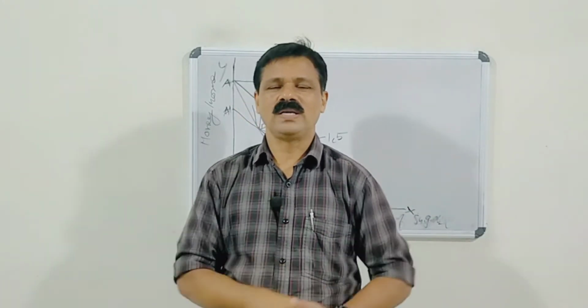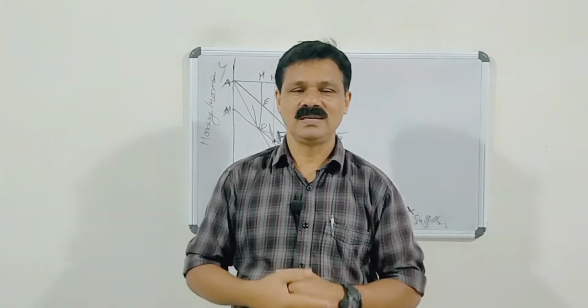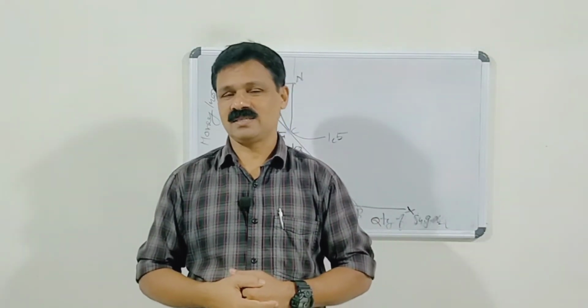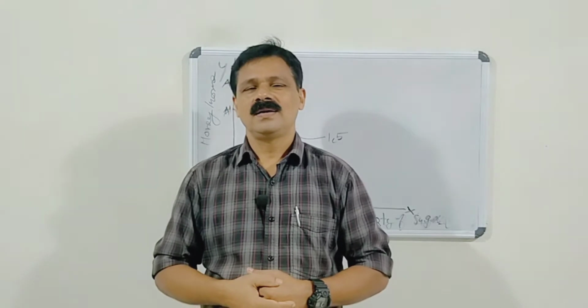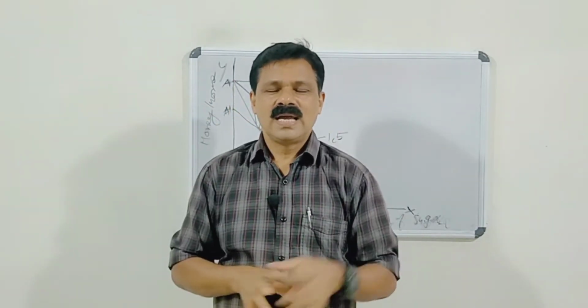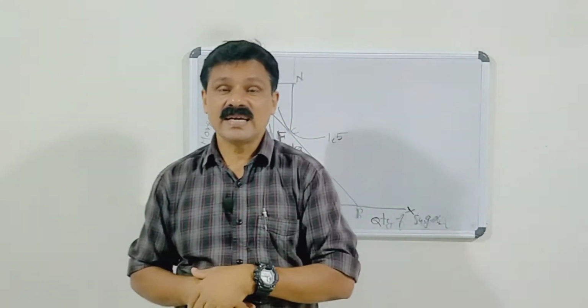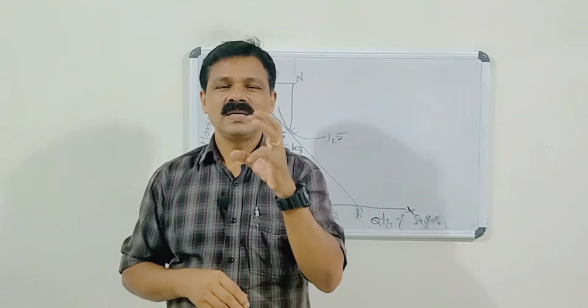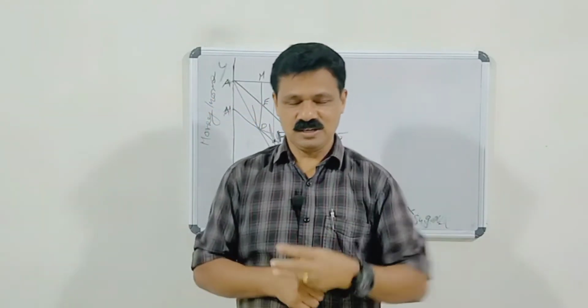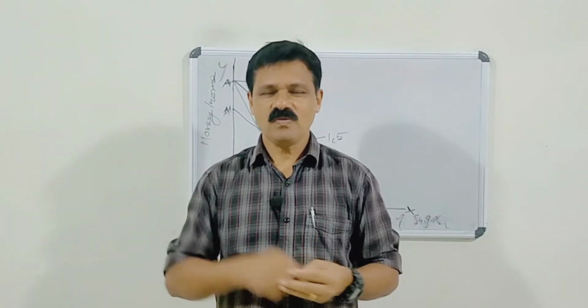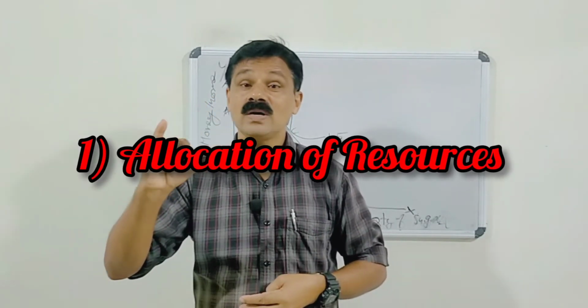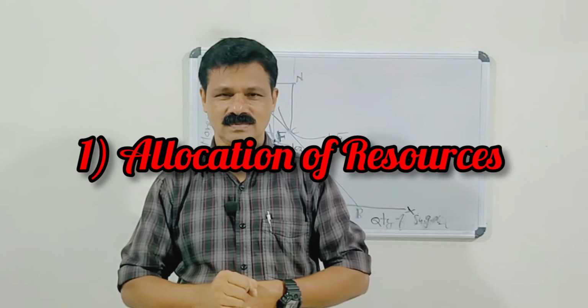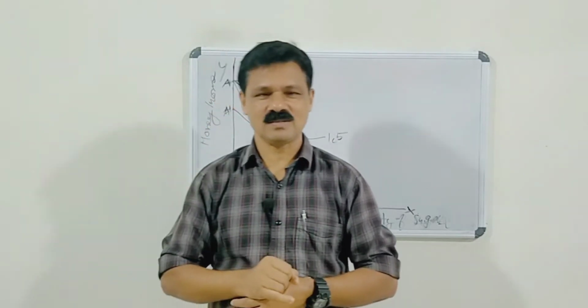Now, coming to our point, the comparison between direct and indirect taxes. It is observed that direct and indirect taxes may be compared from three different angles. First one, allocation of resources, that is the allocative aspect.